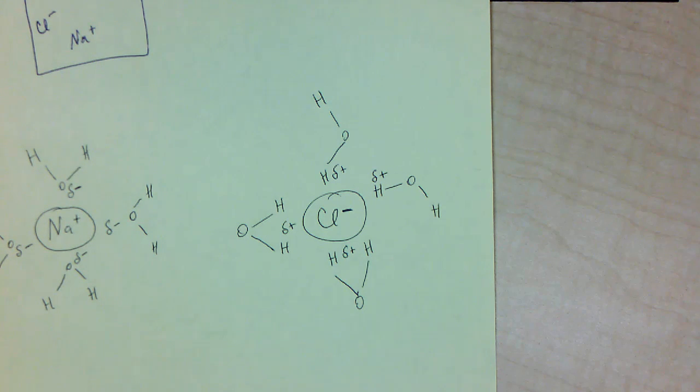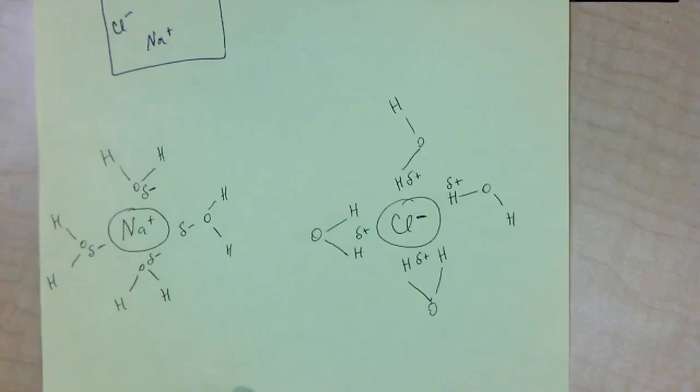So that attraction is, of course, a force. Forces are always between pluses and minuses. So we have the Cl- being attracted to the hydrogens in the water, and that attraction is going to keep the Cl- in the water dissolved and prevent it from recombining with sodium to make salt again.